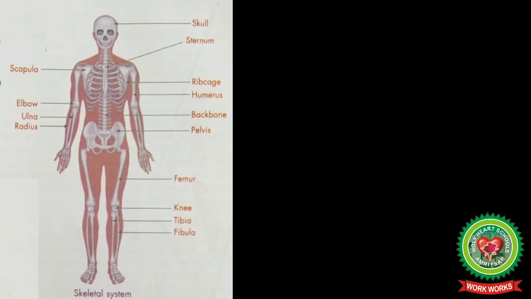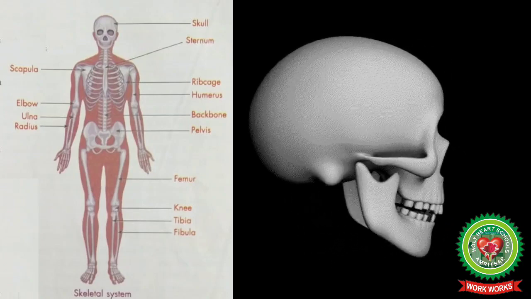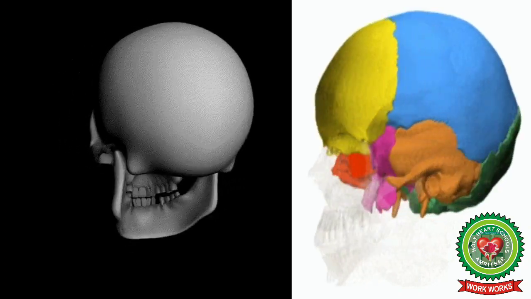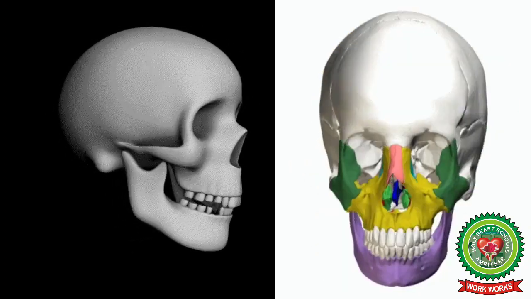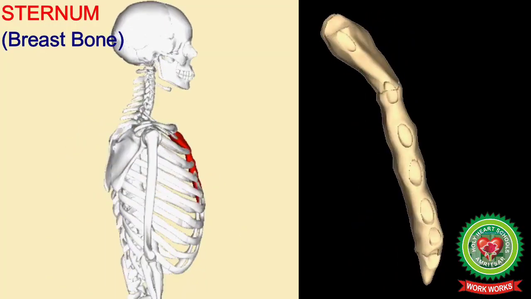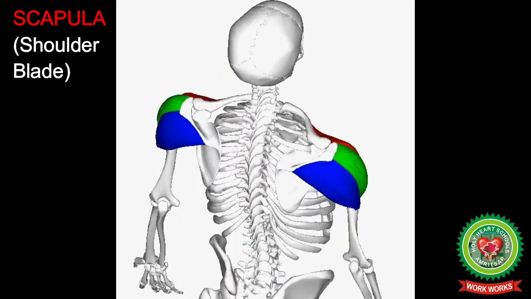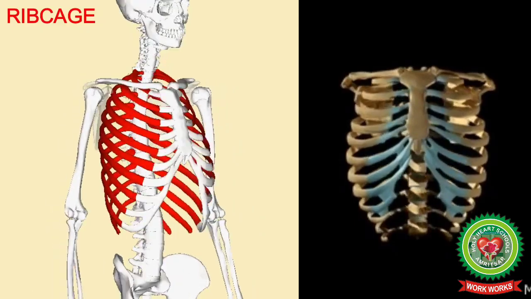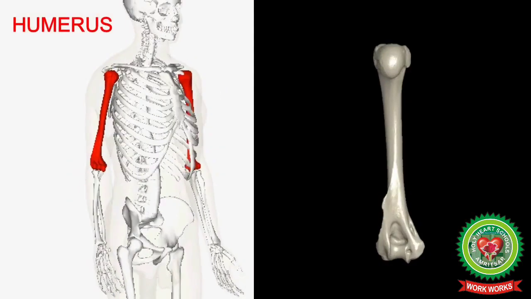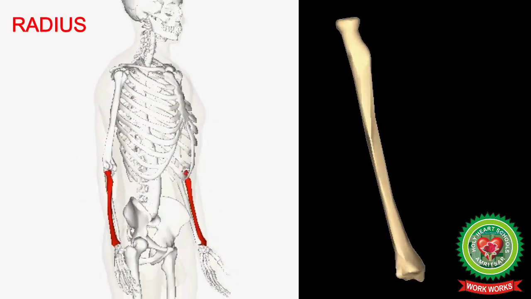Now look at the picture given in your book. It shows the skeletal system, which consists of skull. It includes the bones of our head, face and the jaws. Then is sternum, that is the breastbone. Then is scapula, that is the shoulder blade. Then is rib cage, humerus, elbow, ulna and radius.